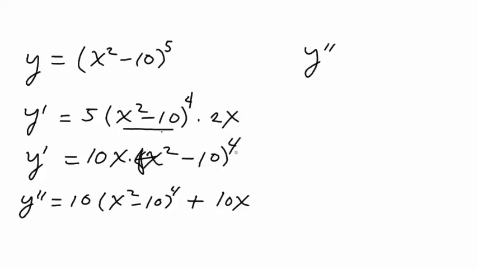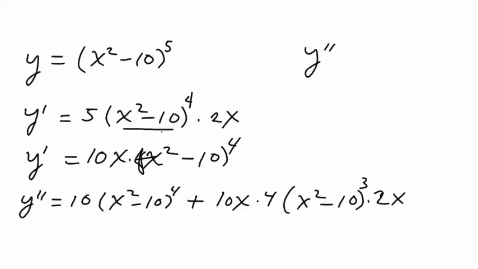And now we take the derivative of this guy here, so bring the 4 out front, rewrite everything in parentheses, subtract 1 from the exponent, and then we take the derivative of what's inside, and that's going to be 2x.